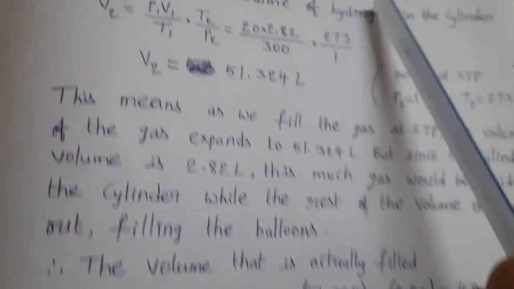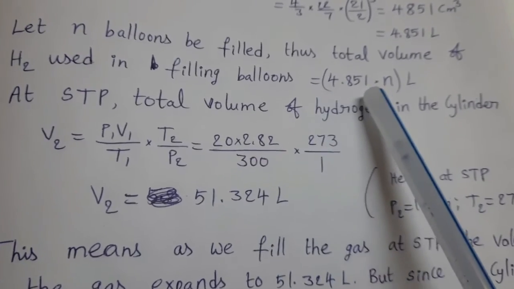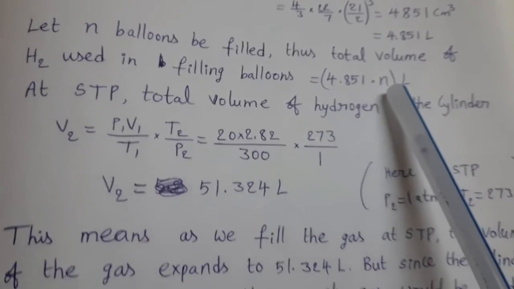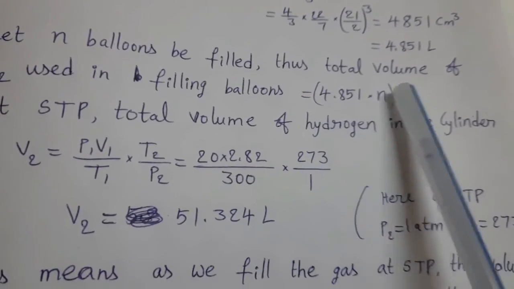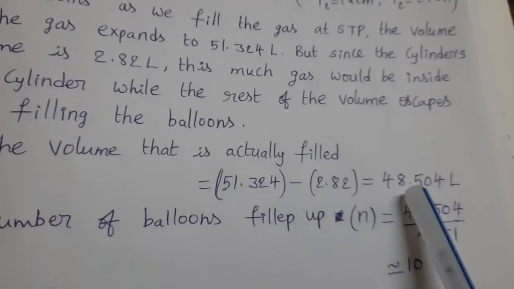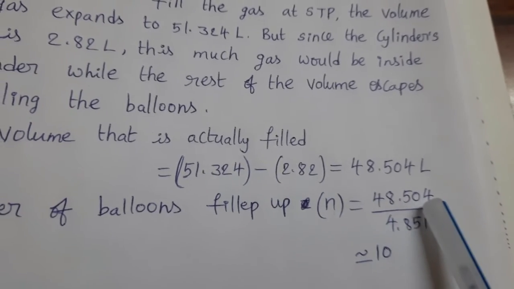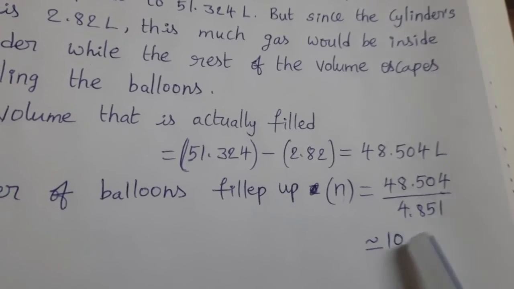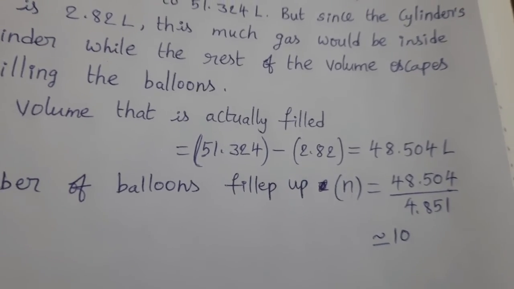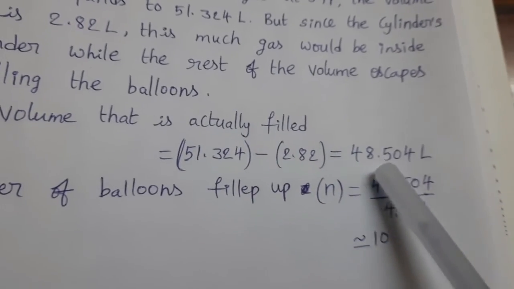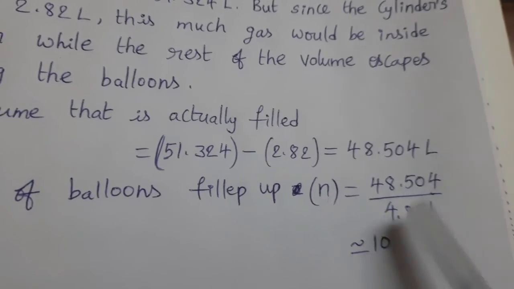So N equal to 48.50 liters divided by 4.851, that equal to approximately 10. So with this volume, how many balloons can be filled means 10 balloons.